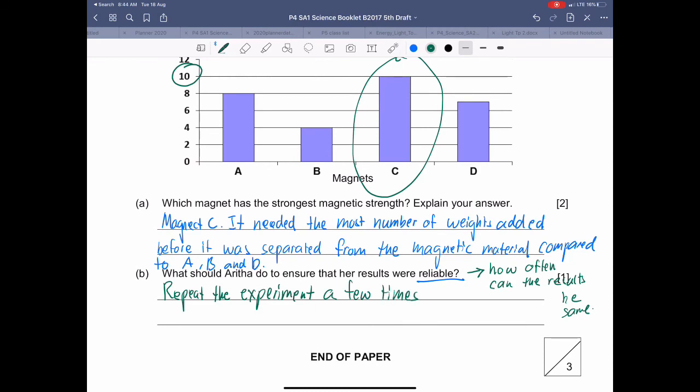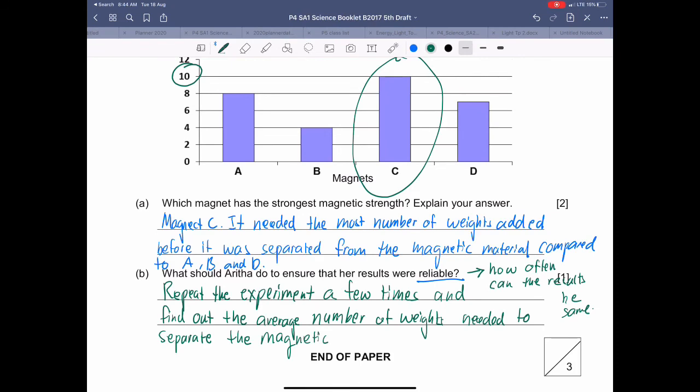A few times means 3 and above, and find out the average number of weights needed to separate the magnetic material from each magnet. So you should repeat and then you find the average.